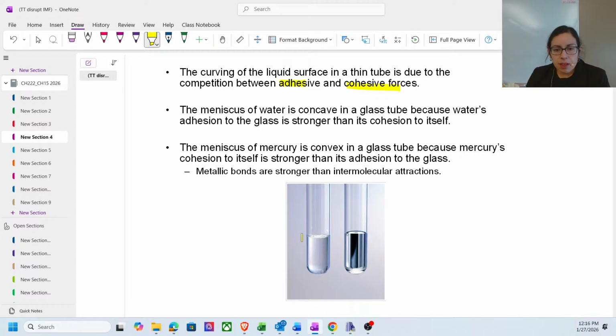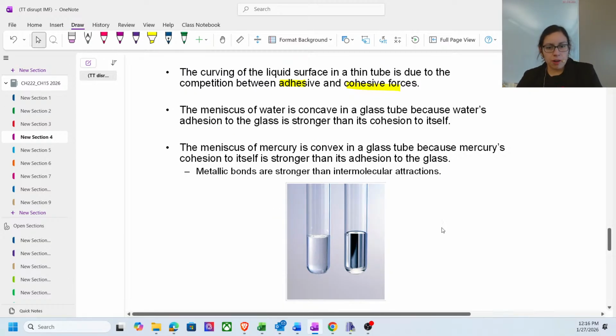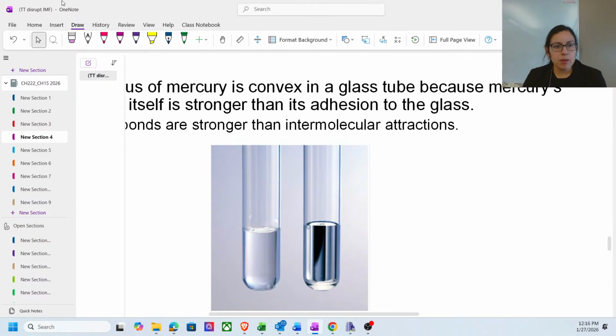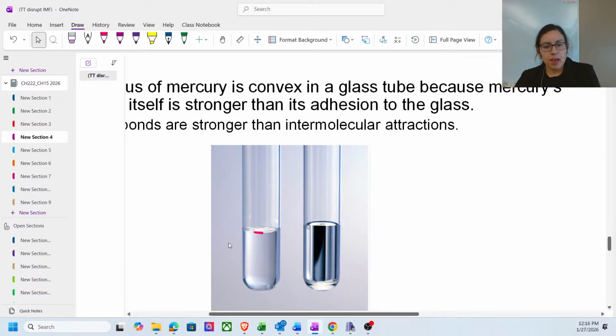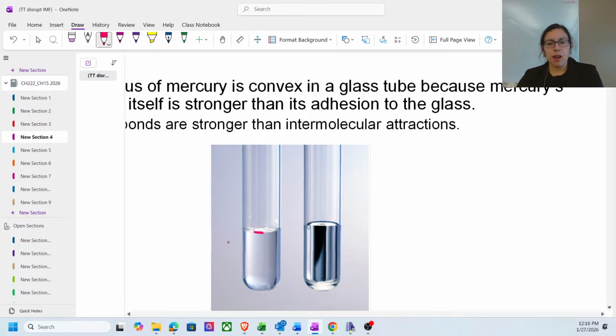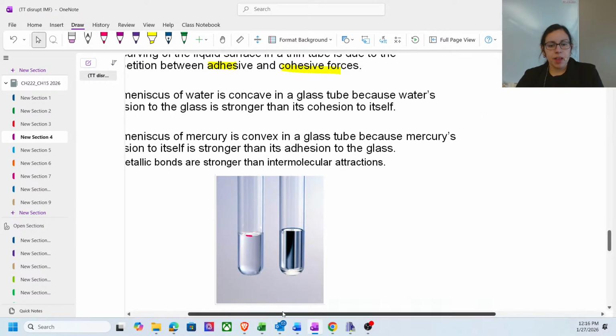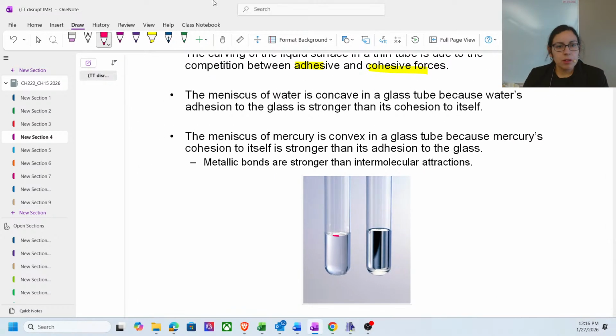If we look at the meniscus of water, that's always why we say measure to the bottom of the meniscus for water. That's because the sides kind of ride up, due to the fact that water's adhesion to the glass is stronger than its cohesion to itself, so it's riding up on the sides of the glass here.